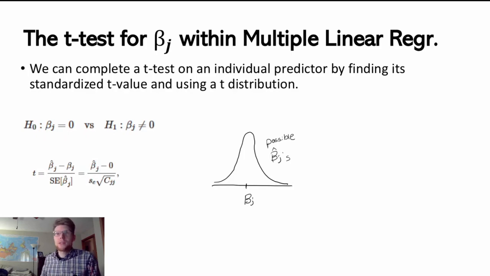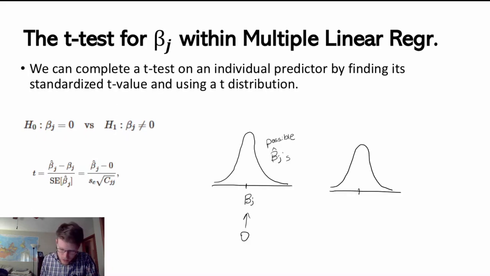So if our null hypothesis is that beta j equals 0, then this is 0. And then we see how far away our beta hat j is, where it falls in the distribution. So let's assume it's 0 and put 0 in the middle. And our beta hat j is actually way, way over here.